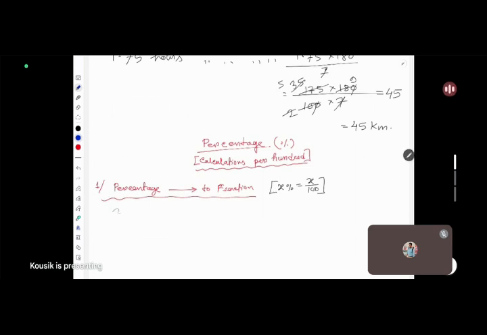So if someone says 6 whole 1 by 4%, that means 25 by 4%, that means 25 by 4 into 100, so I get 1 by 16.